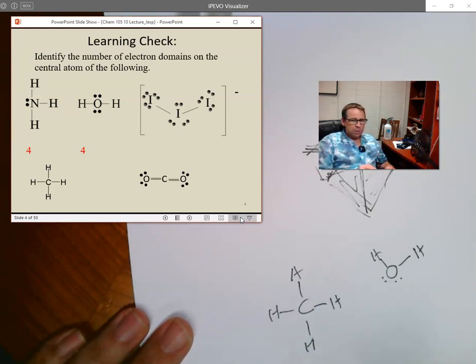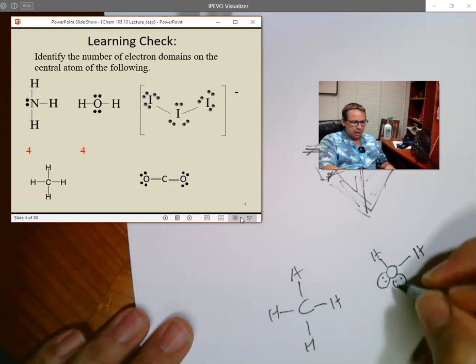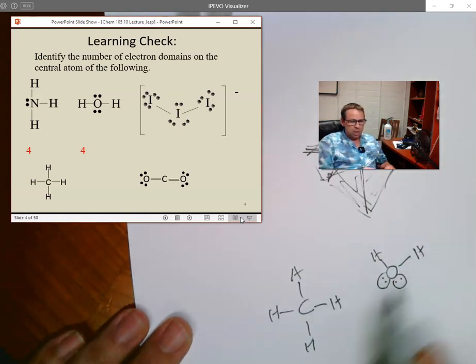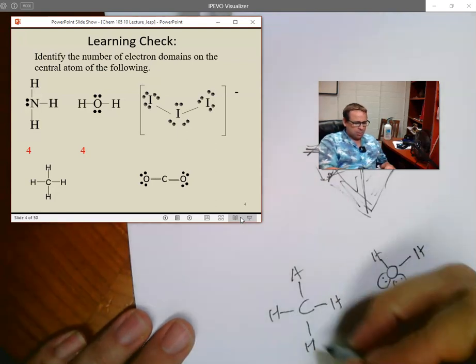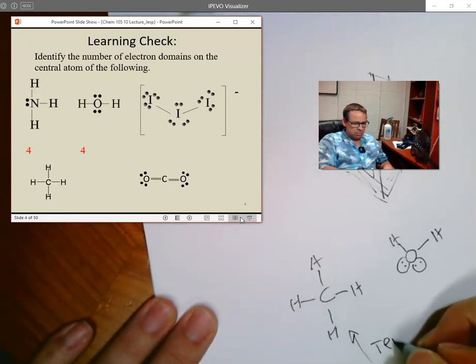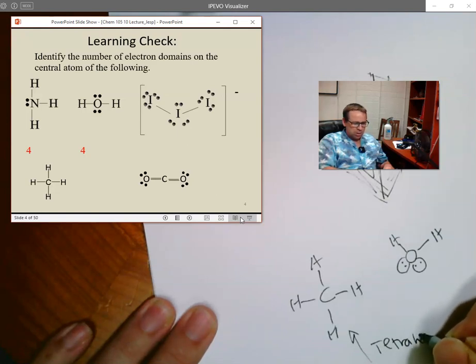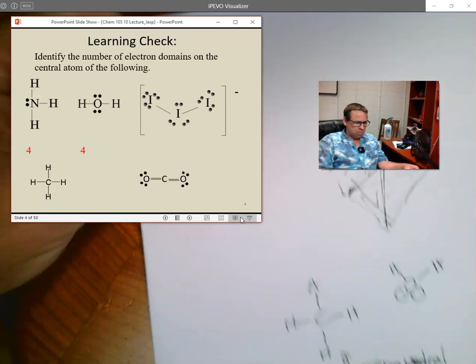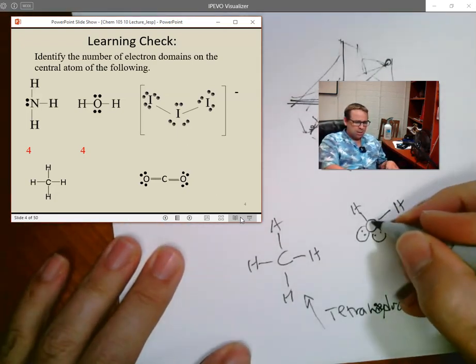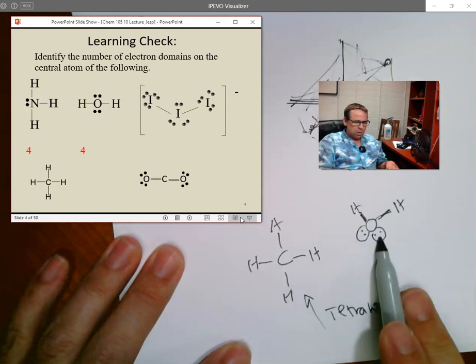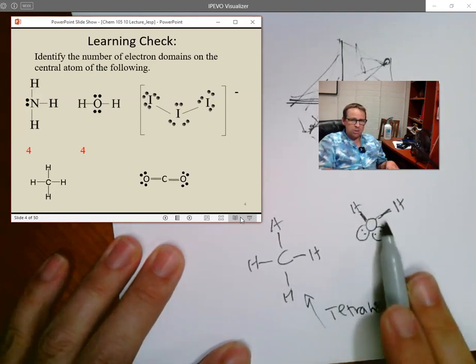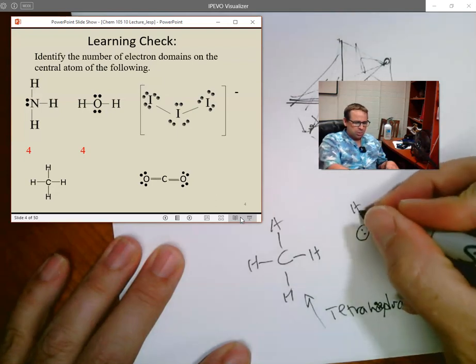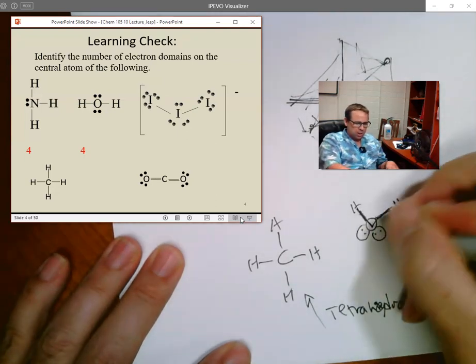However, the resulting shape of the molecule is different, because there are no atoms over there, so the shape of the molecule is slightly different. This one, we say, is tetrahedral. But this one here, the molecule is not tetrahedral. The regions of electron density obtain a tetrahedral shape, but the resulting molecule is only what we're seeing here in this section.